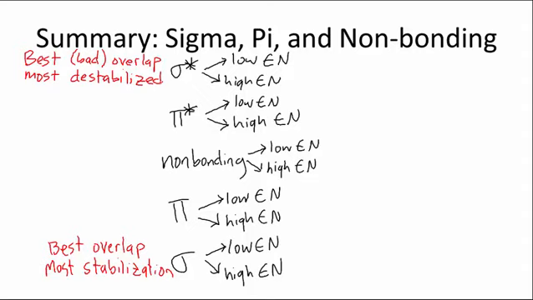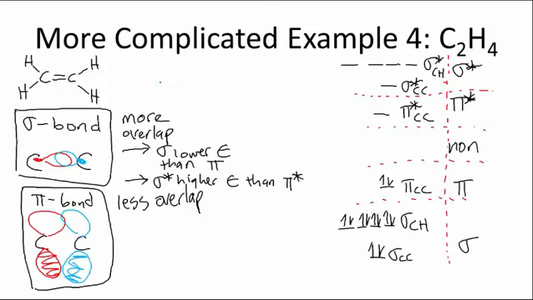Question? So the question is, why does sigma bond have better overlap than pi bond? Well, in these simple pictures I drew here, remember, sigma bonding orbitals are pointed straight at each other, so they overlap in a big area, there's a lot of space where they overlap.